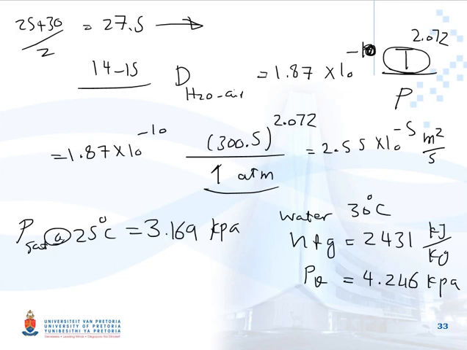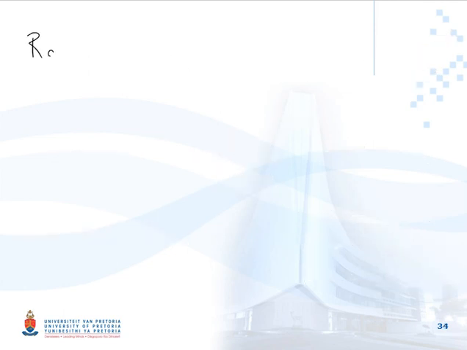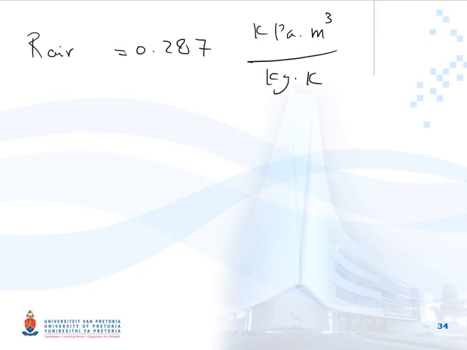We also said that the air-water vapor mixture is assumed to be dilute, so we can use those. We can go to table A1 and read R air is equal to 0.287 kilopascal cubic meter per kilogram Kelvin, and R water can be read from the same table as well, 0.4615, same units.